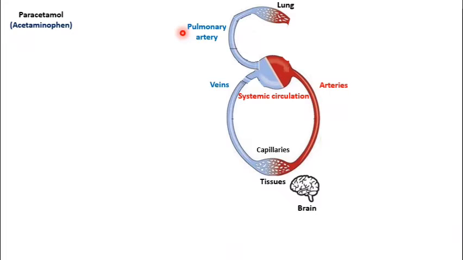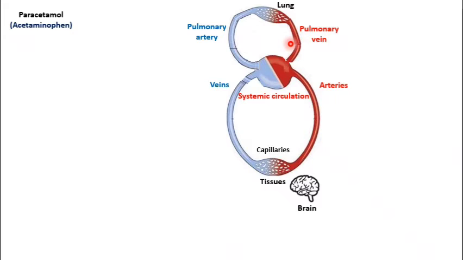This carbon dioxide is exhaled and oxygen is inhaled, and the blood is now oxygenated again, and it gets back to the left side of the heart through a vein that comes out from the lung, and this vein is called the pulmonary vein. Again, this is a vein that carries oxygenated blood, not deoxygenated as the rest of the veins in our body.